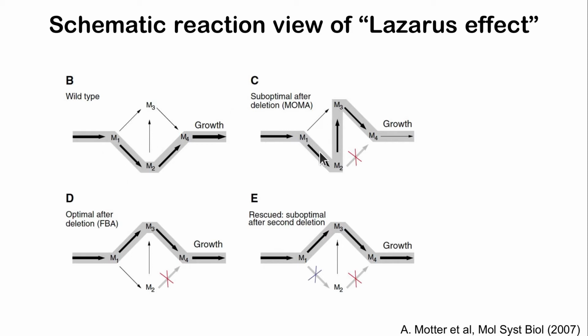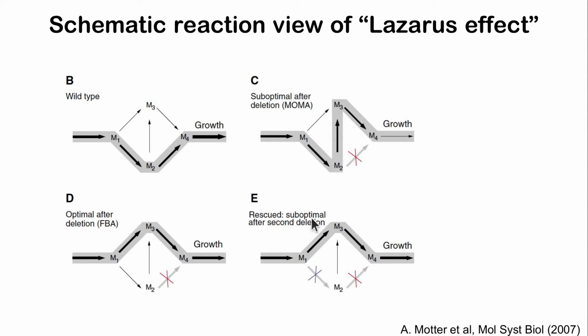Instead of using this slightly less efficient pathway, M1, M3, M4, and then out to growth with some loss, it's going to insist on keeping M1, M2, this reaction here, and then maintain mass balance by sending metabolite 2 over to M3 by this reaction, which has huge loss. And so this MoMA solution is going to be very suboptimal.